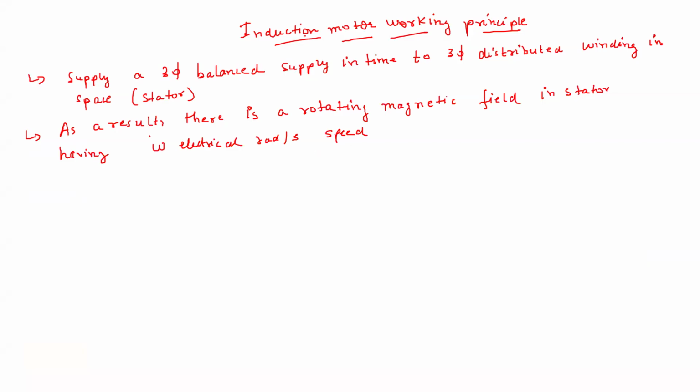We have seen that this is the speed of the rotating magnetic field, which is also given as 120 f by P in RPM.